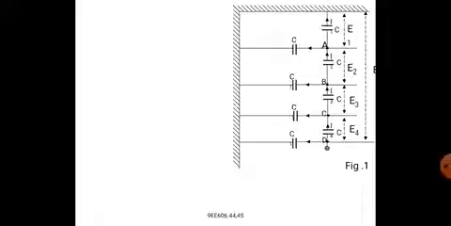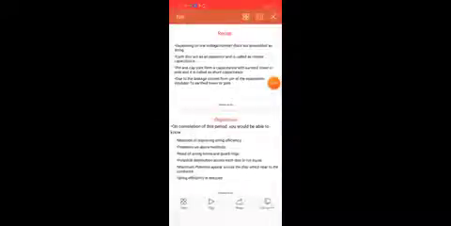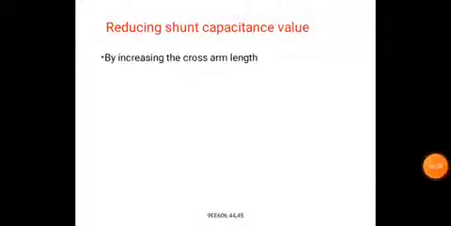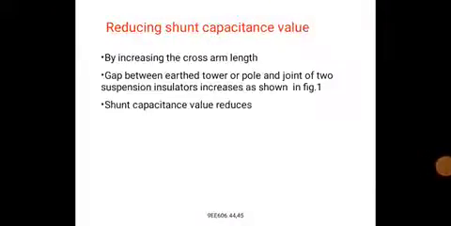So when C1 is less than C, by increasing the cross arms, the string efficiency increases.